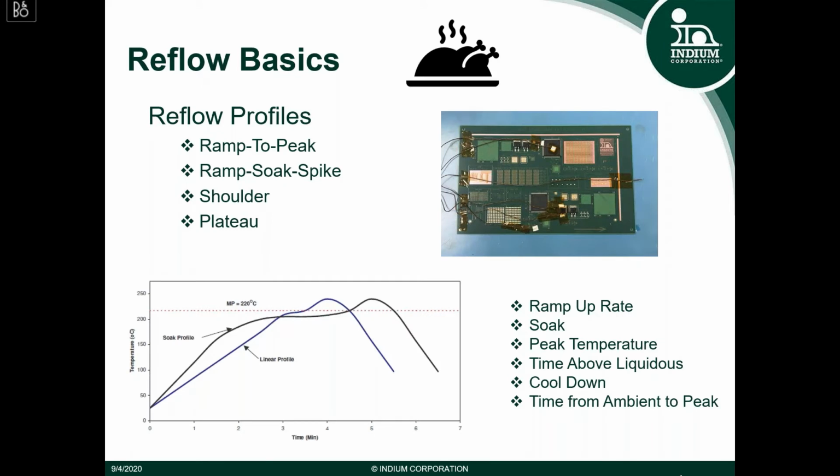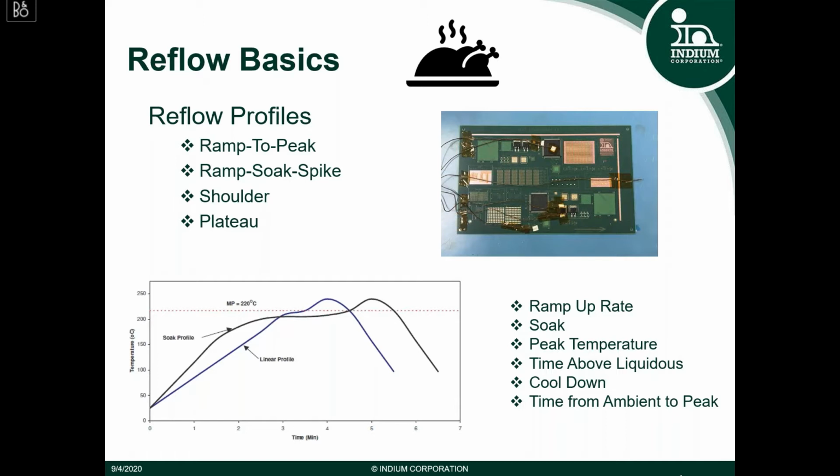A reflow profile is a chart that defines the reflow steps, or the heating steps of an assembly during the reflow process. There are 4 main different types of reflow profiles. There's a ramp to peak profile, which is just a linear profile similar to the one in the blue in the picture below.